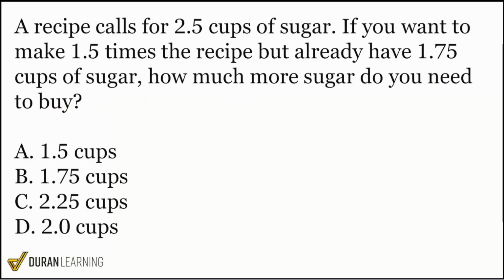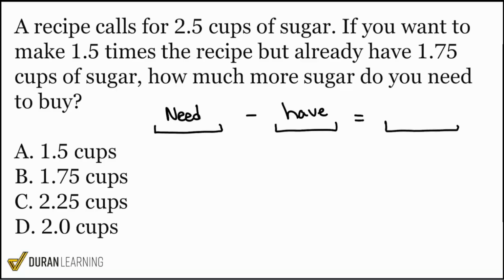So to figure out how much sugar we need, here's how I'm thinking about it. It sounds like to me that if I want to find how much more sugar I need, we need to understand how much sugar we need in total, and we'll subtract how much sugar we have, and that will give us how much is left. Does that make sense, everyone?